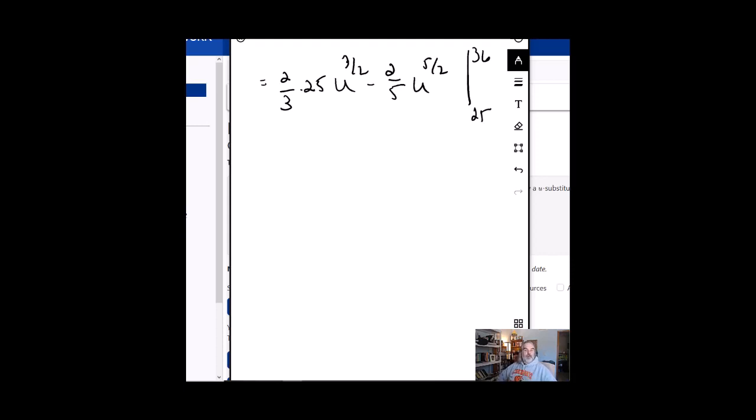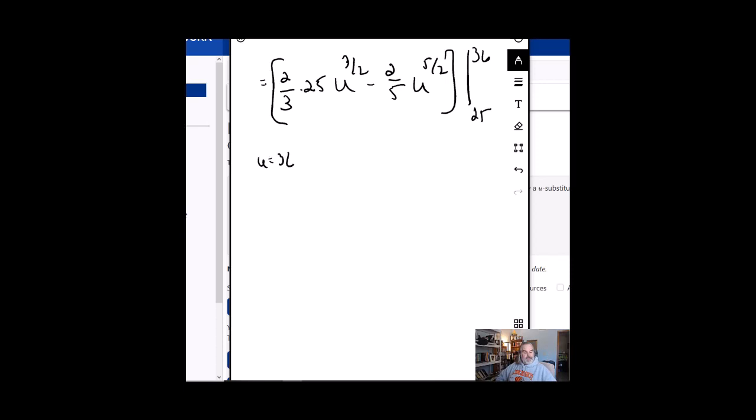This is going to be gross, okay? Because there's no simplification with the 2/3 and the 25 or the 2/5 over there. So we're just going to plug in 36 and 25 into this mess. Let me simplify these things separately.